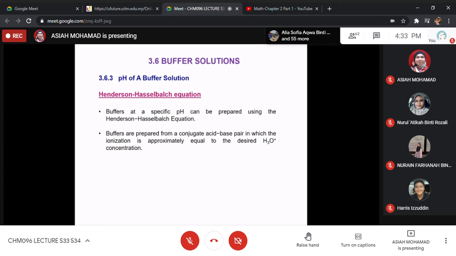We can also calculate the pH of a buffer solution by using an easier method, which is the Henderson-Hasselbalch equation. Buffers are prepared from a conjugate acid-base pair in which the ionization is approximately equal to the desired hydronium ion concentration.